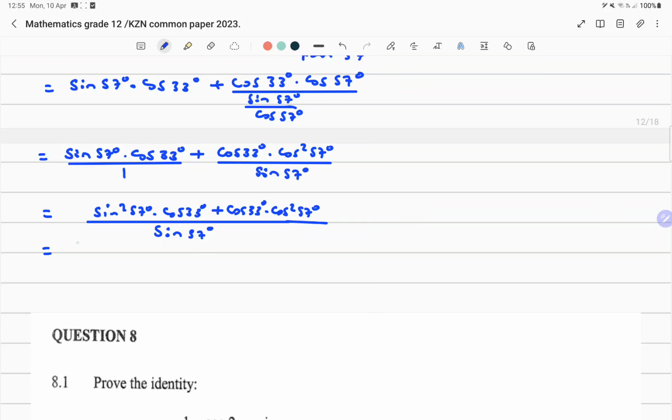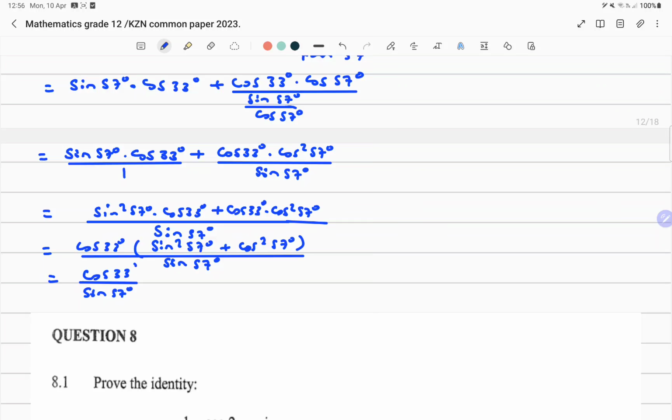We take out the common factor, which is cos 33 degrees into sine squared 57 degrees plus cos squared 57 degrees all over sine 57 degrees. Okay, easy stuff. So now this is basically cos 33 over sine 57 degrees.